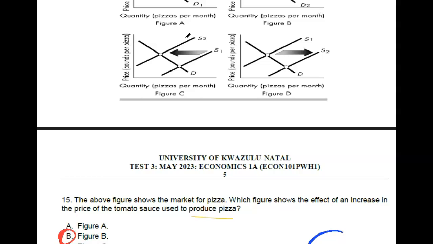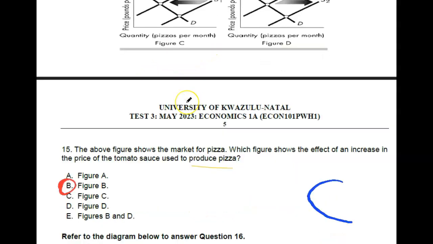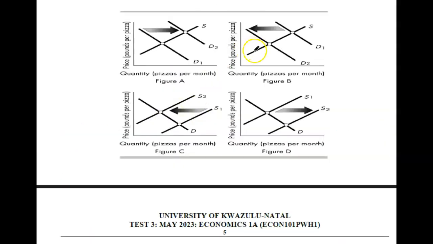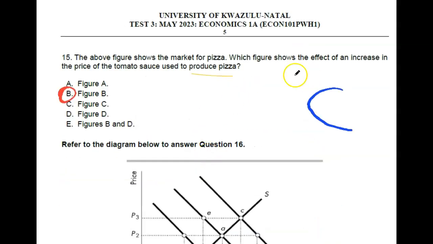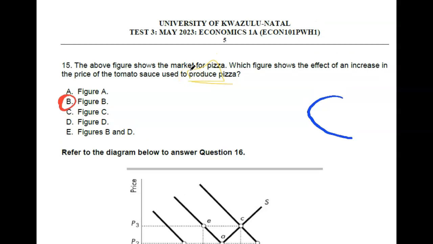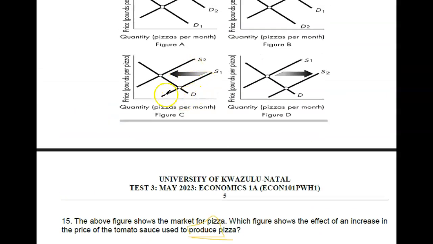So if sauce is very expensive, you will have to produce less pizzas, right? Because you're talking about suppliers, you're only looking at the effects on the supply curve. So the supply curve decreasing, that's 100% perfect.